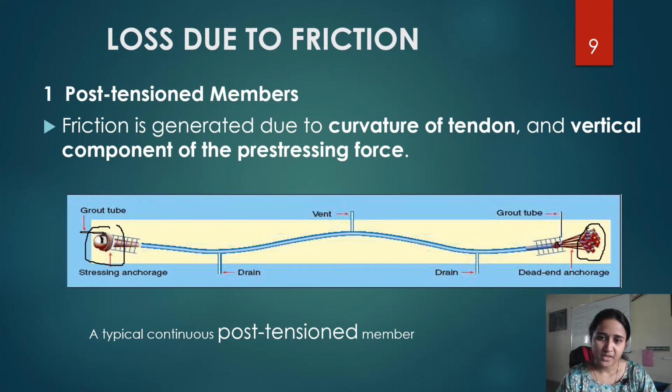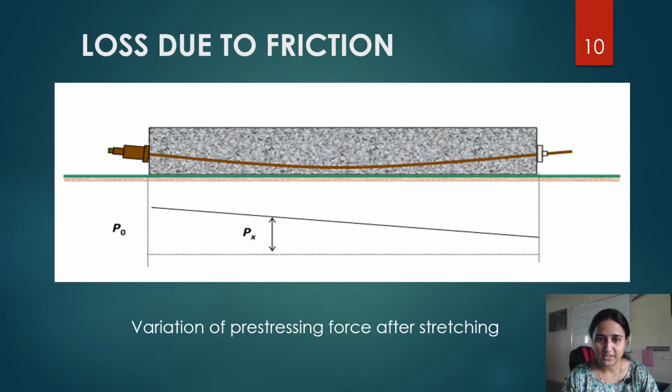Because this is a curved tendon, friction is generated due to curvature of the tendon and the vertical component of the pre-stressing force. Because of this curvature there will be friction.